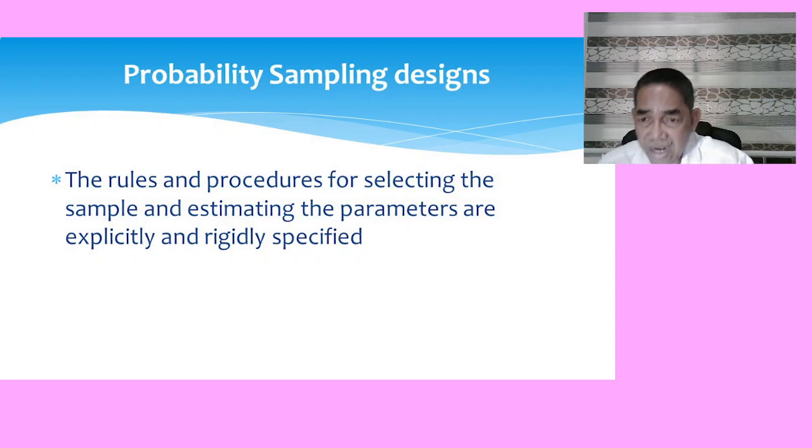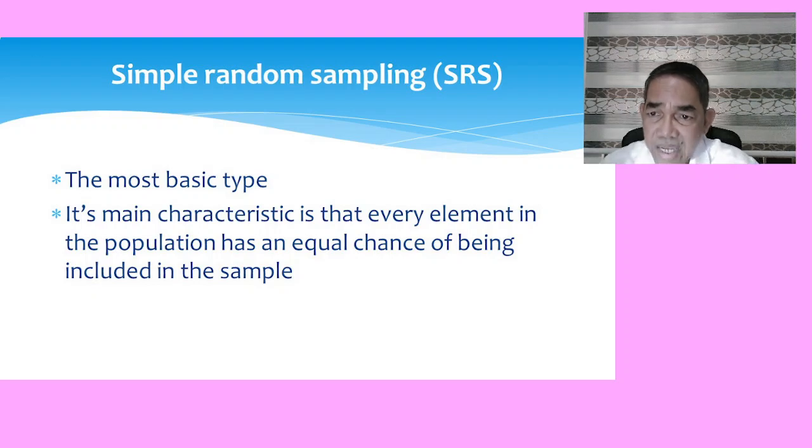You can generalize results from samples to population. So again, it is only in probability sampling designs where we can generalize results from samples to population. And as we said, the most basic of this is the simple random sampling. Okay.